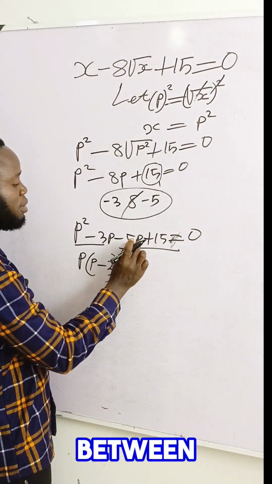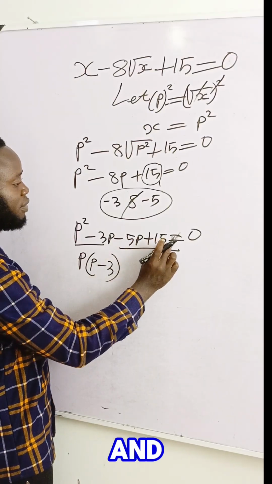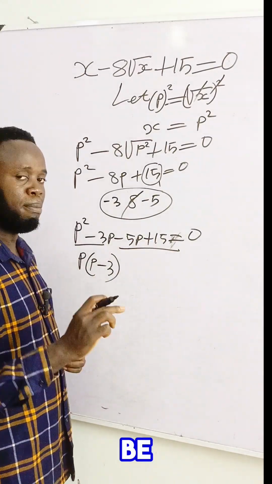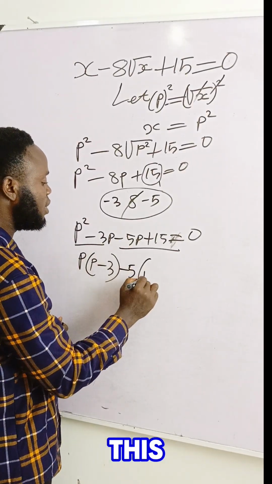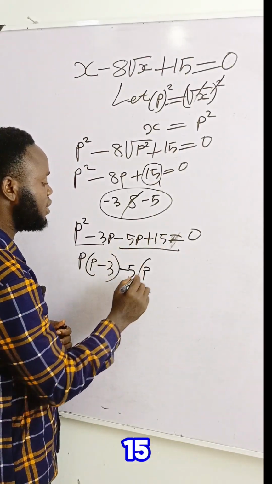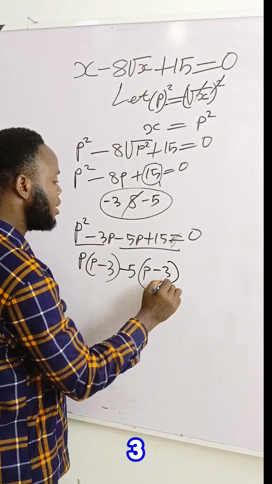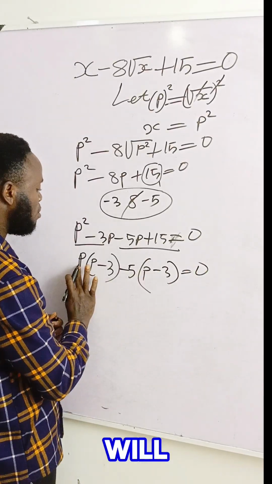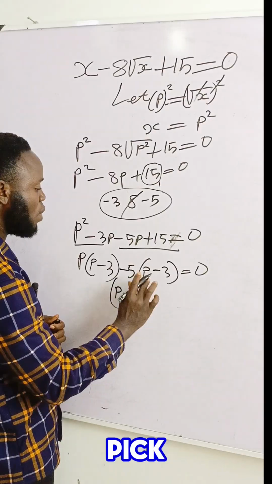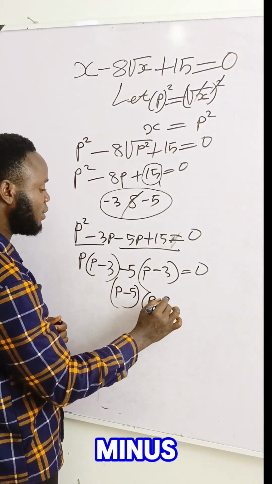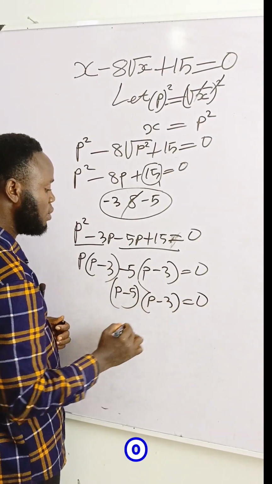What's the common factor between minus 5p and 15? That will be minus 5. So I have minus 5 here. Minus 5 dividing this, you get p. Minus 5 dividing plus 15, you get minus 3 is equal to 0. I will combine the outside numbers, p minus 5. Then pick one of these ones, p minus 3 is equal to 0.